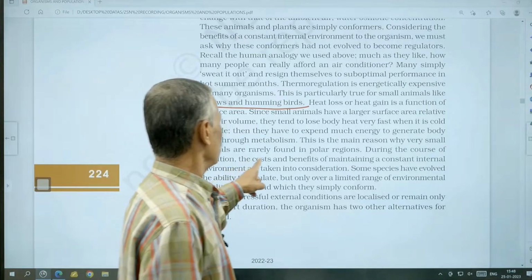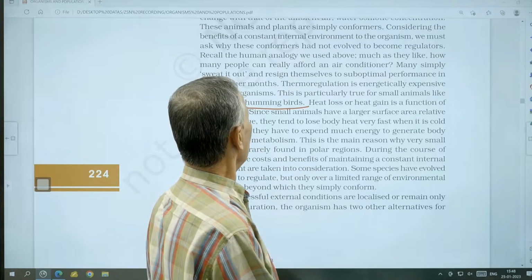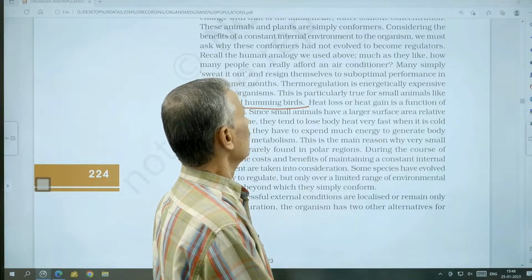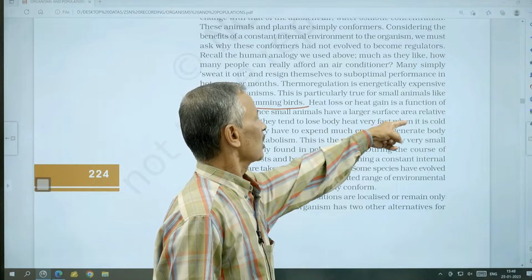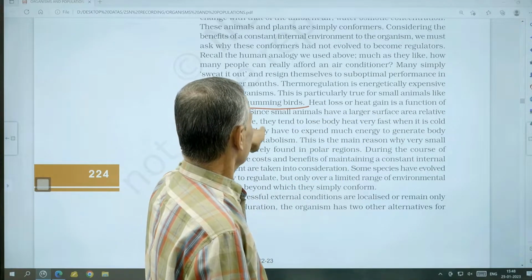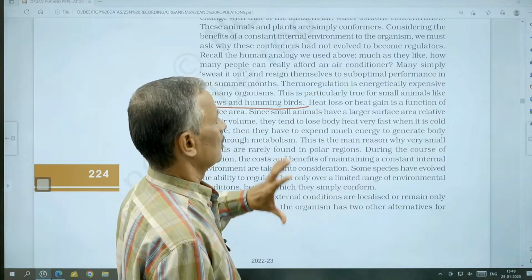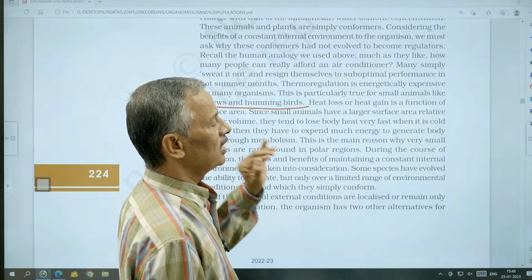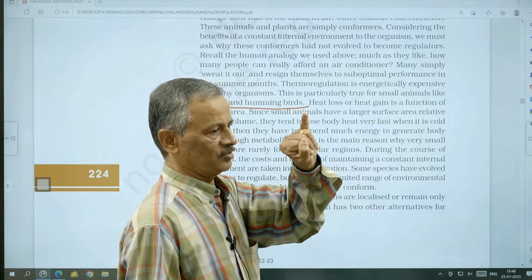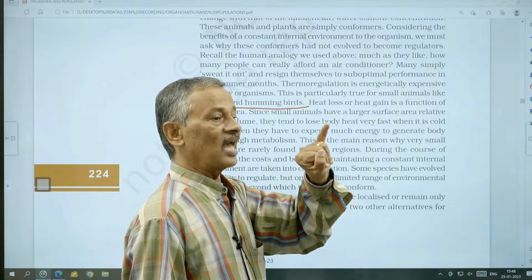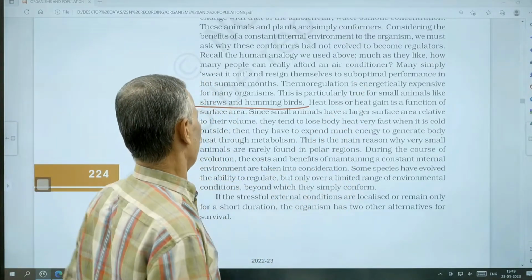So we have two rules, Allen's rule and Bergman's rule. Only Allen's rule is given in our book, which says that they will have smaller surface area and small extremities. Birds and mammals living in polar areas will have small extremities. That is Allen's rule. They will have large size, Bergman's rule.